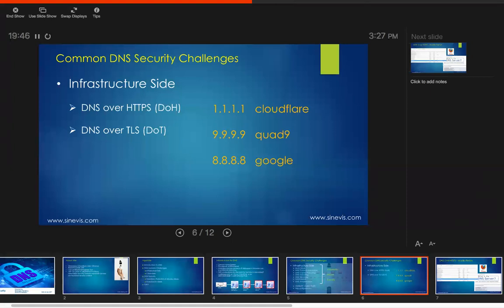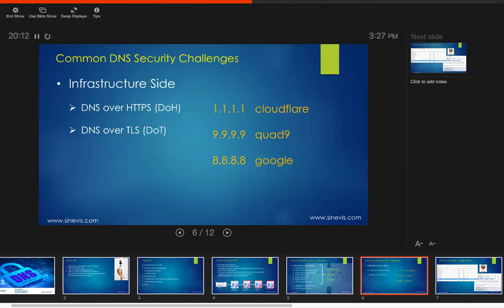Now, with the existing setup of DNS over UDP or TCP port 53, what happens is, when you're browsing or doing DNS queries, your ISP or whoever is the authority for monitoring is doing deep packet inspection, or basically logging whatever sites you're browsing.